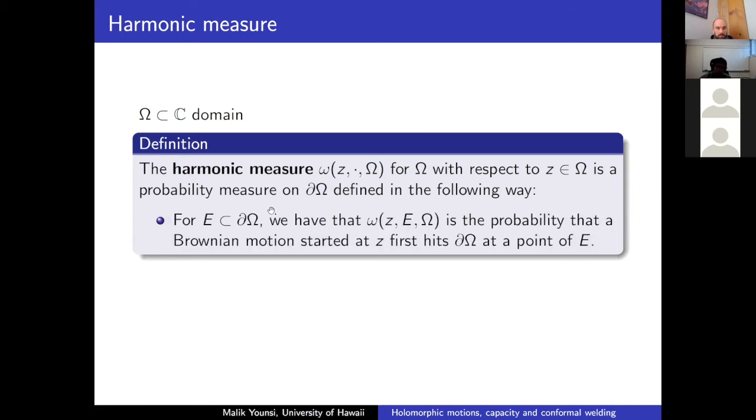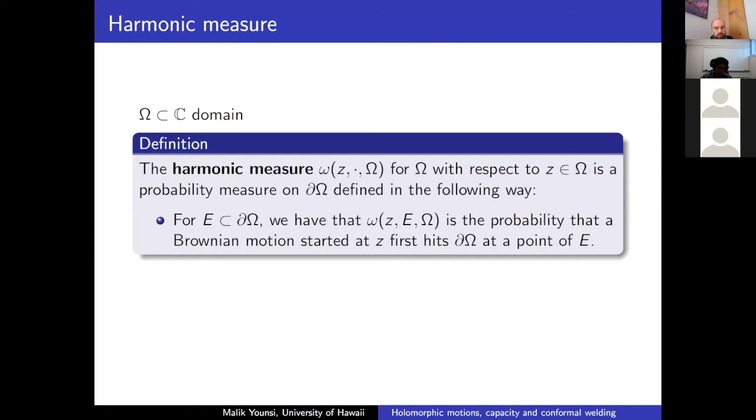If you start with a subset E of the boundary, then the harmonic measure of E is the probability that if you start a Brownian motion at the point z, and you let the Brownian motion run until it hits the boundary, it hits the boundary at a point of the set E. So that's roughly the definition of harmonic measure in terms of Brownian motion.